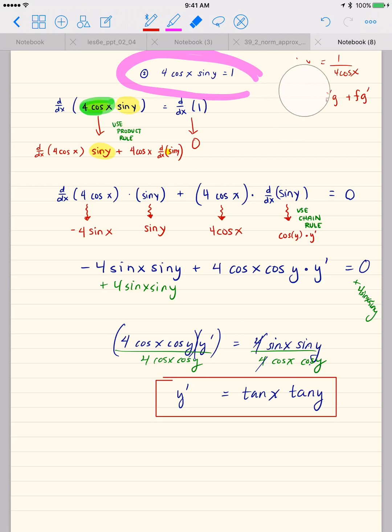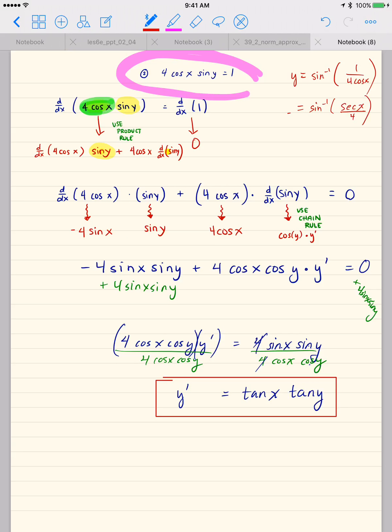And then y equals sine inverse of 1 over 4 cosine x, which is equal to sine inverse of secant x over 4.